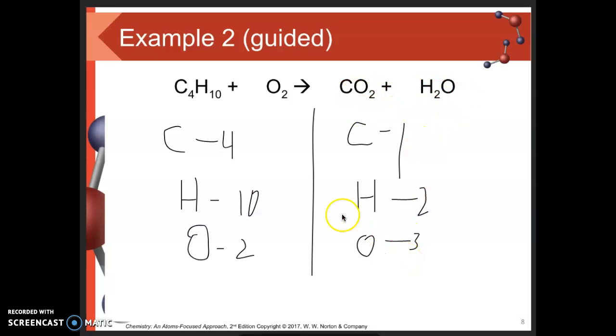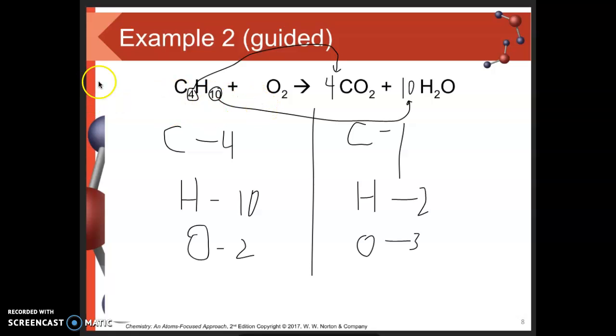Now, if we apply the characteristics that we looked at last time, I've got a pair of subscripts here. If I take those over and turn them into coefficients for the two products, that will help with some of the balancing.